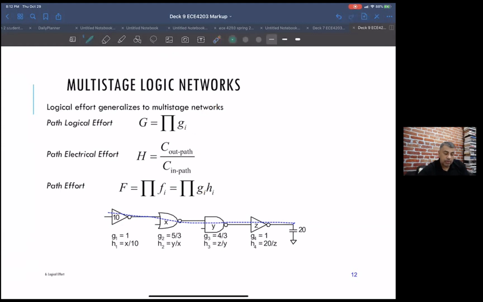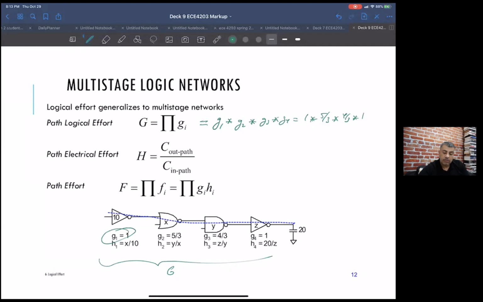For example, here we can also define a total G for this whole path. It's a multiplication of the G's of the individual stages: G1 times G2 times G3 times G4, or 1 times 5/3 times 4/3 times 1, because I know my functionality.